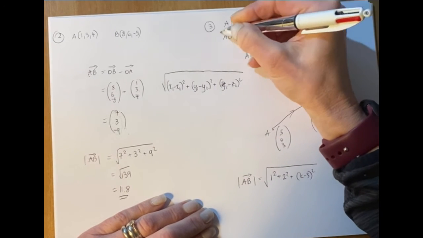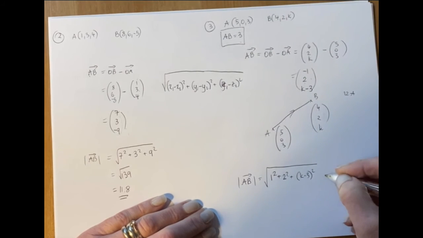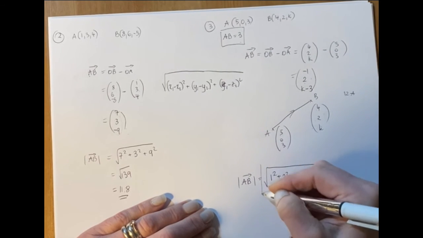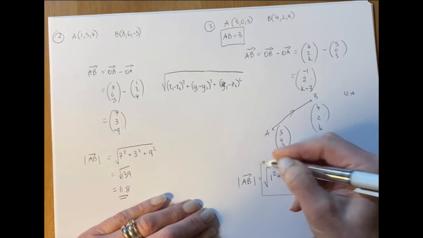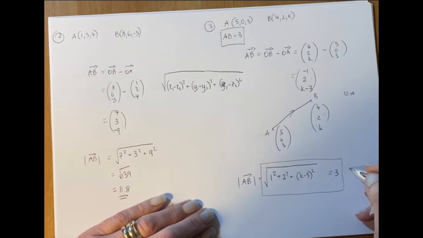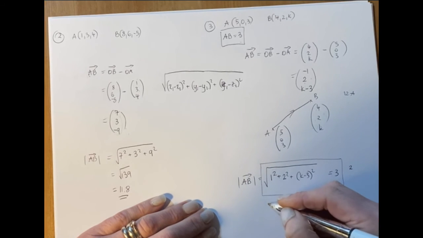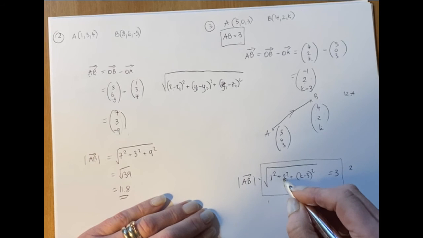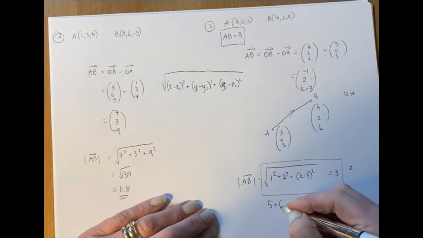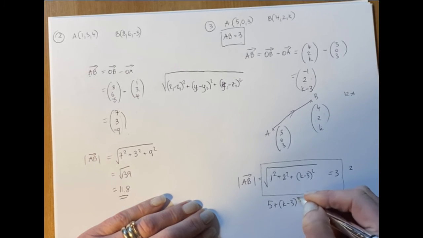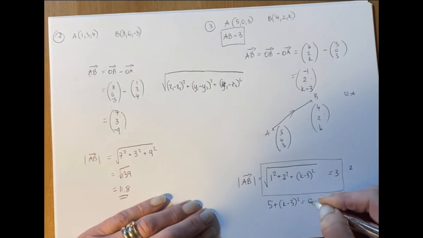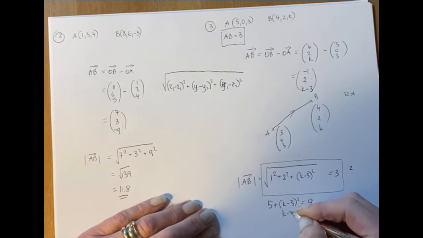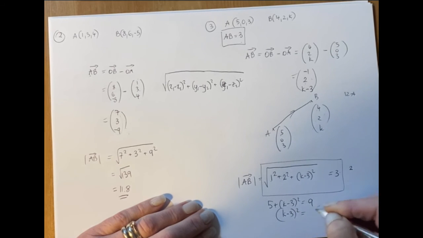Now we are told that this length is equal to 3. So we just need to take those two pieces of information and make them equal to each other. So let's square both sides. So you get 1 squared plus 2 squared, which is 4, so it's 5, plus k minus 3 squared is going to be equal to 9. So k minus 3 squared is equal to 9 take away 5, which is 4.